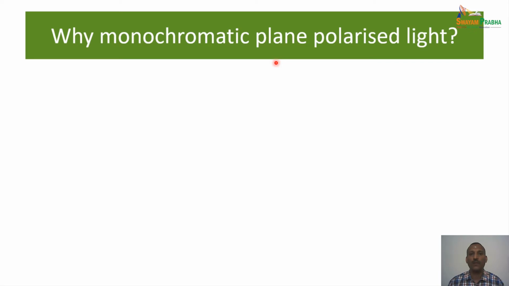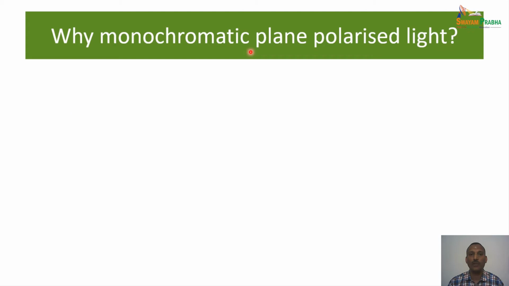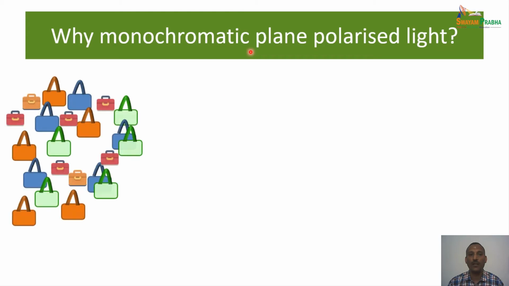So if we pass light having polychromatic wavelengths dispersed in all directions, we may not be able to check the light coming out of the solution. To have a clear understanding of the light coming out, whether it is rotated to the right or to the left, we need to use monochromatic plane polarized light. So let me explain with a simple analogy.